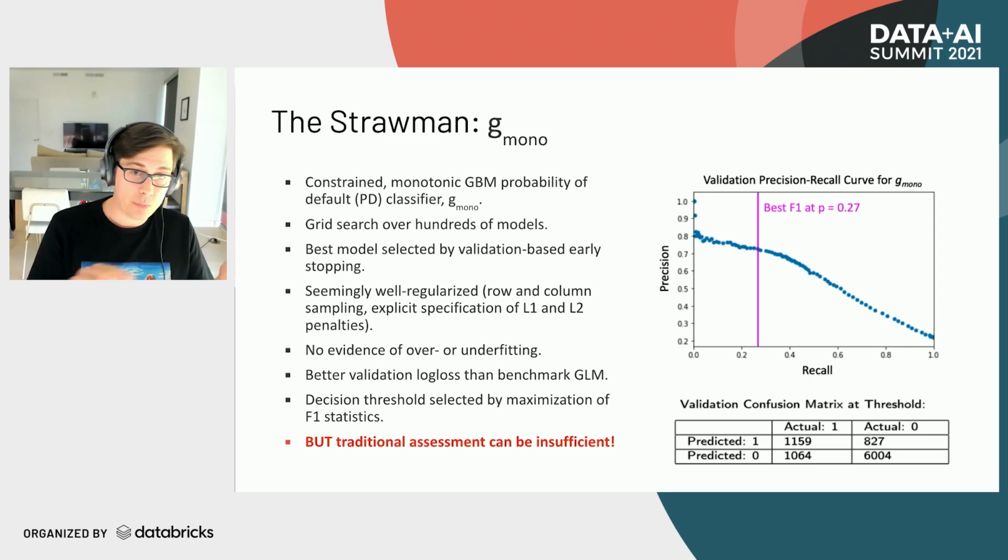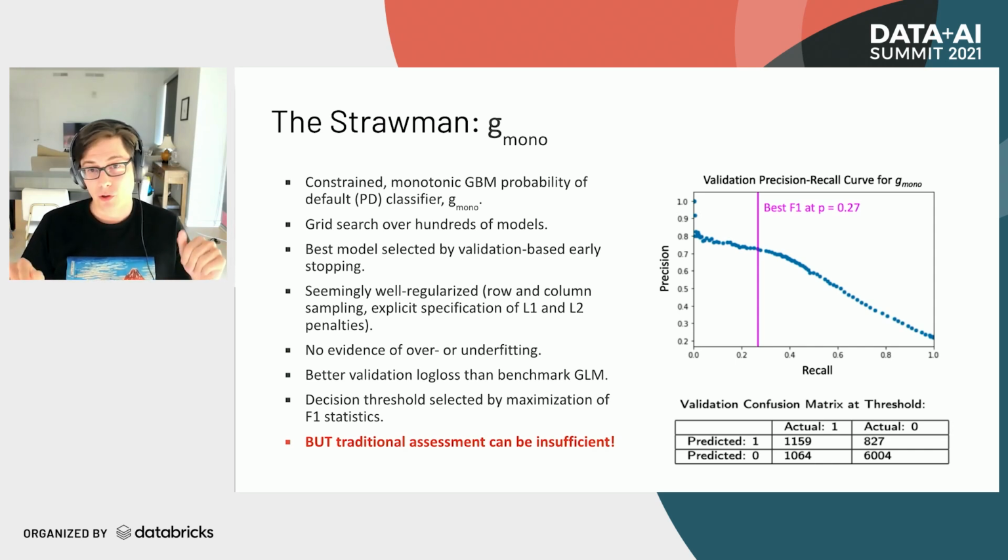As an input value goes up for certain variables, the model output has to go up. That's a positive monotonic constraint. For other variables, as the input value goes up, the model output has to go down. That's a negative monotonic constraint. And those are picked from domain experience. That's a really good way to get domain knowledge into your model. Easy to do in XGBoost.